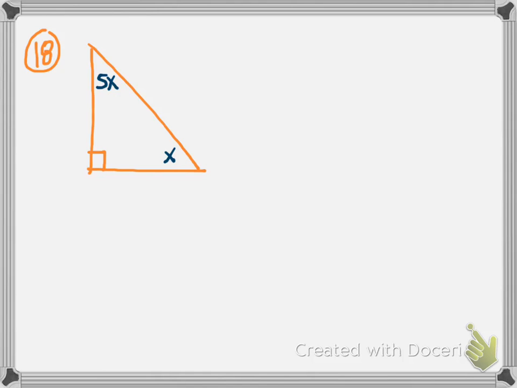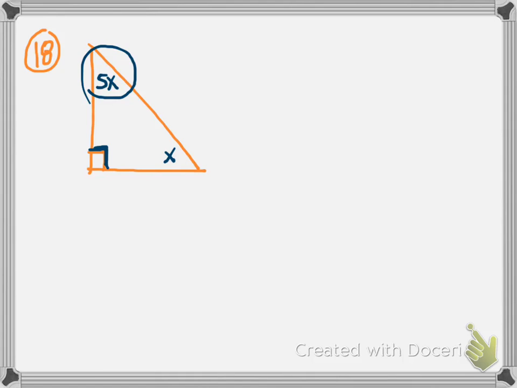It says, what are the possible values of the measure of the second largest angle? If we were doing it this way, our second largest angle is going to be the 5x. The 90 is always the largest. And x is clearly smaller than 5x. So 5x is going to be the second largest. So that's what we're going to solve for in the end. But the equation we're going to set up is we're just going to add up all the angles and have it equal 180.